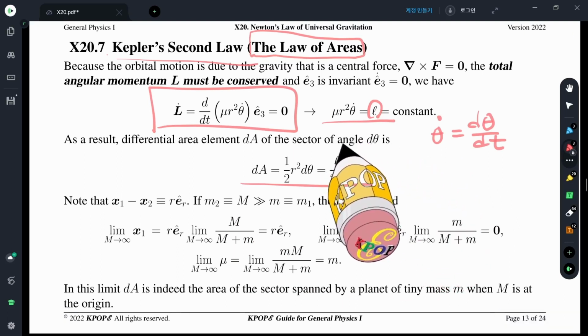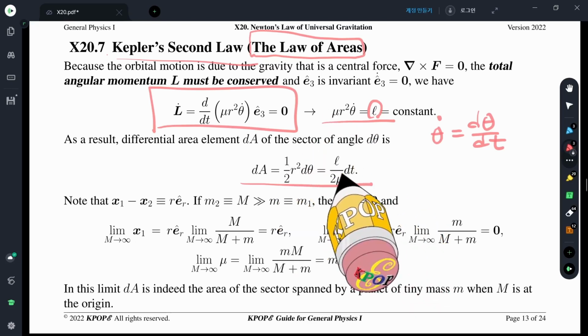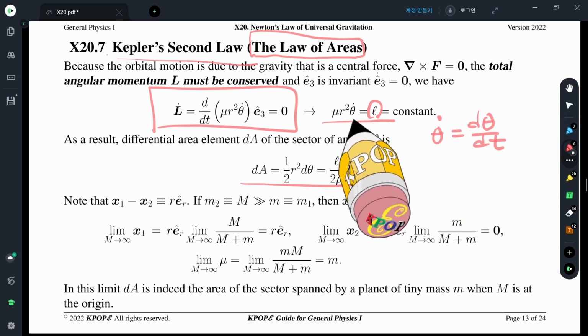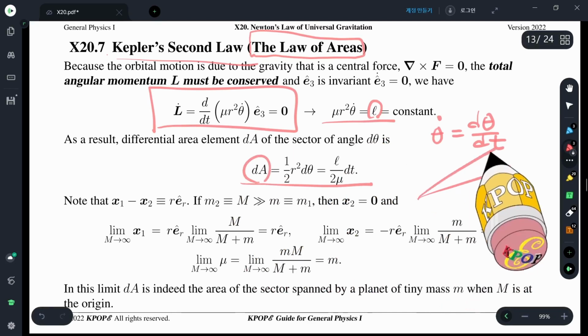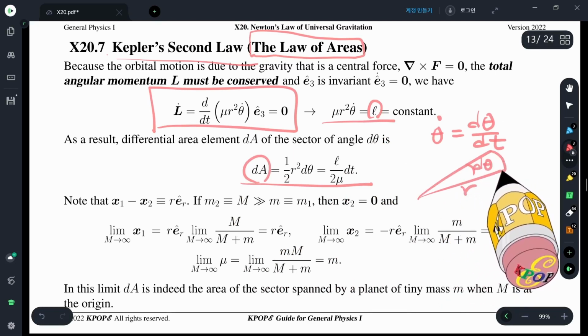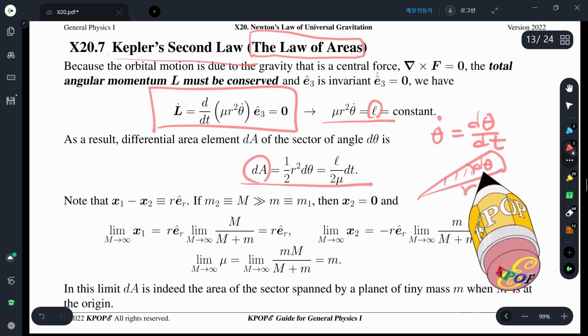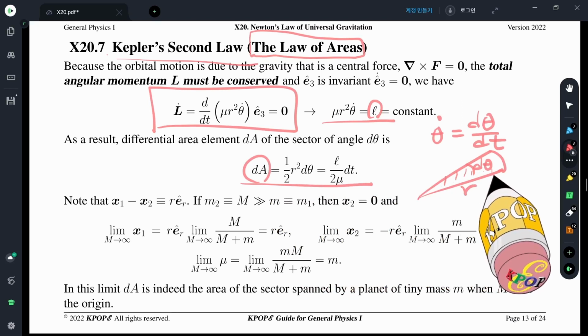The area, if we divide by the reduced mass, with radius r and angle d theta, this is an arc. The area of this sector is 1/2 r squared d theta.